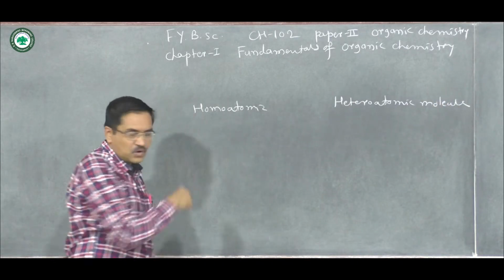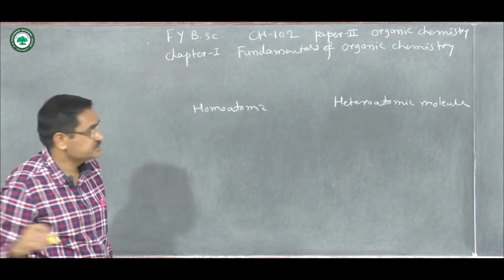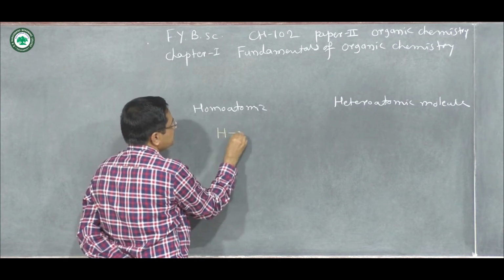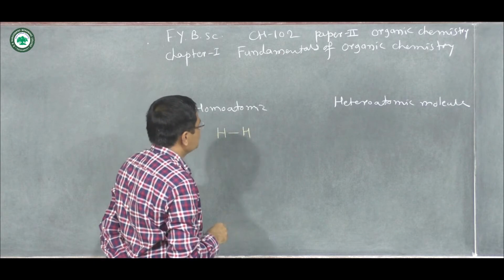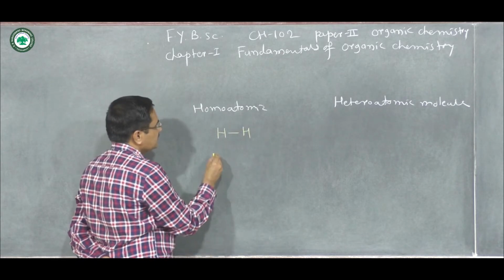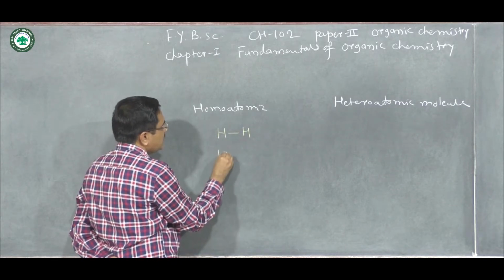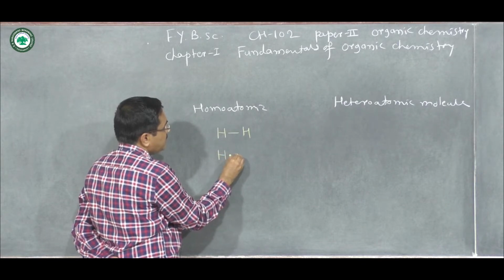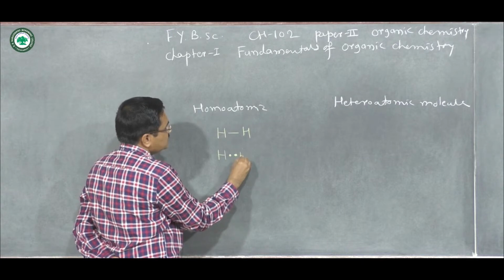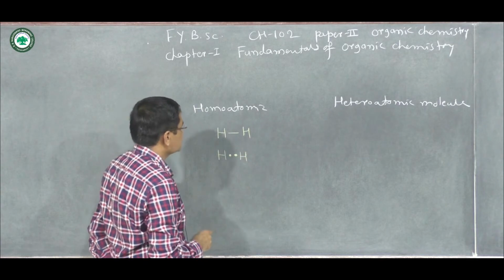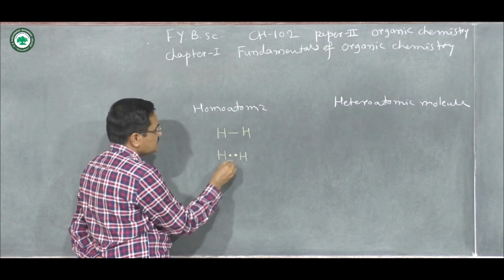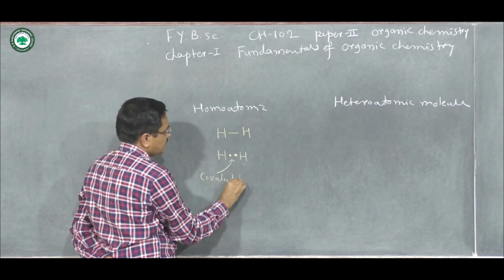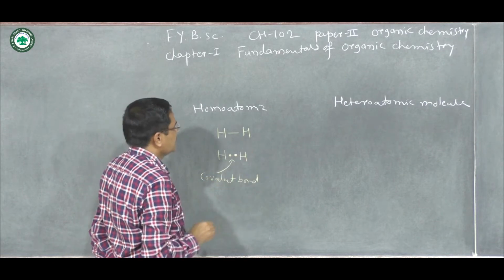Now, homoatomic molecule, best example is H2, and here the molecule is formed by the sharing pairing of electrons. This is called covalent bond.